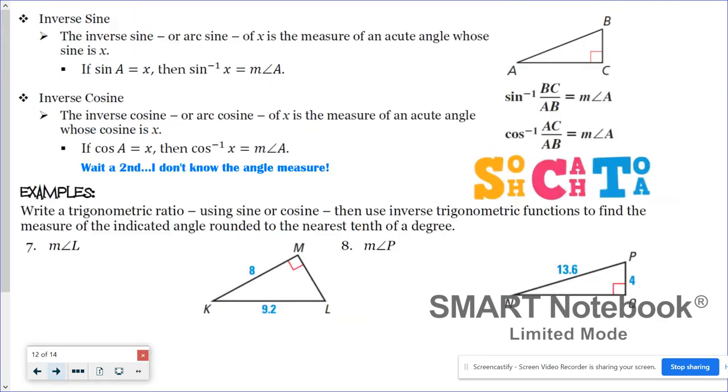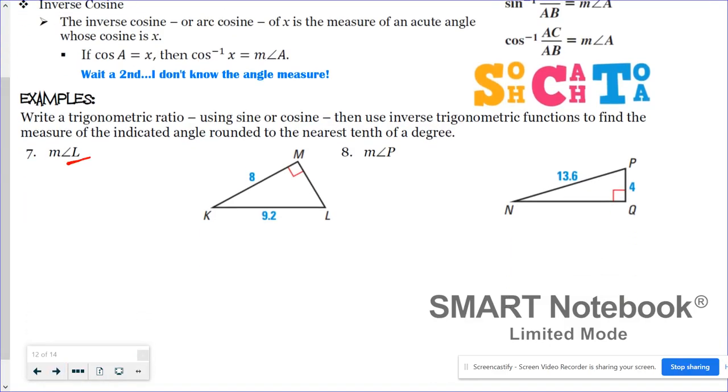If you're thinking, hey, is there an inverse sine and an inverse cosine? Yes, there is. Isn't that what my title was all about too? So in these two examples, we actually have to think, which trig function am I using? Basically, identify the angle you're trying to find.